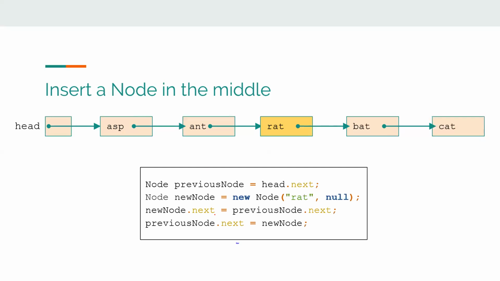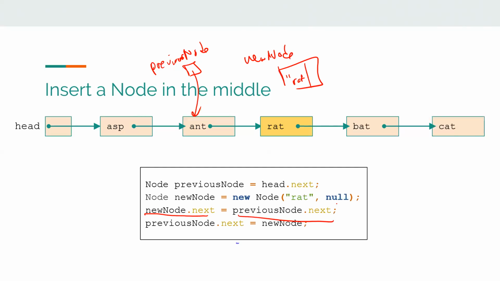So here's an example of previous node equals head.next. Here's head. Head.next is the ant node, right? So we're going to call this previous node. And then we make our new node with some new item inside it. It's already been inserted in there, but we can draw it initially. Then we set new node.next equal to previous node.next.